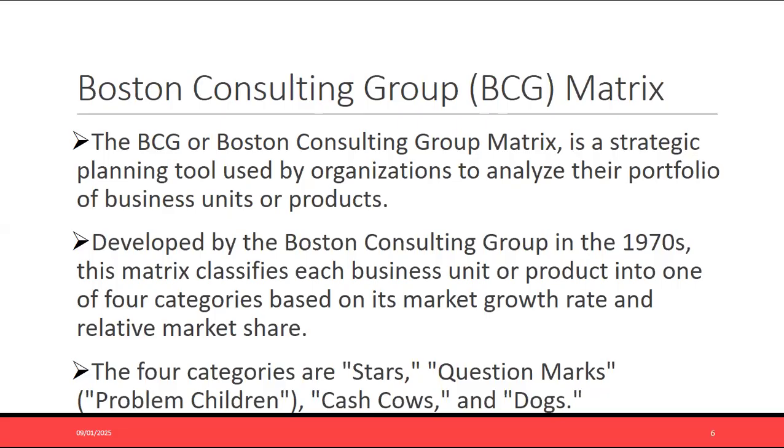The BCG matrix is a tool or a way of assessing or checking to see how the various business units are working. And it's also a tool that helps you to assess if a chosen strategy is working or not. So the BCG matrix is used by organizations to analyze their portfolio of business units.